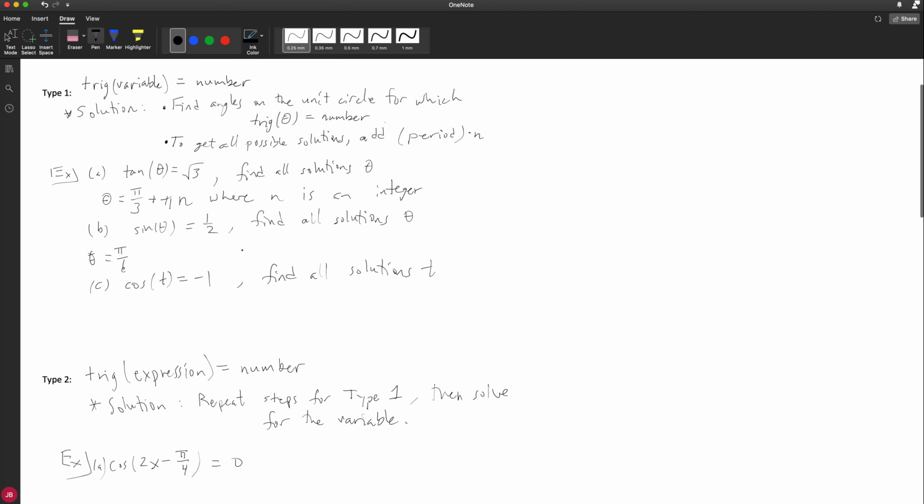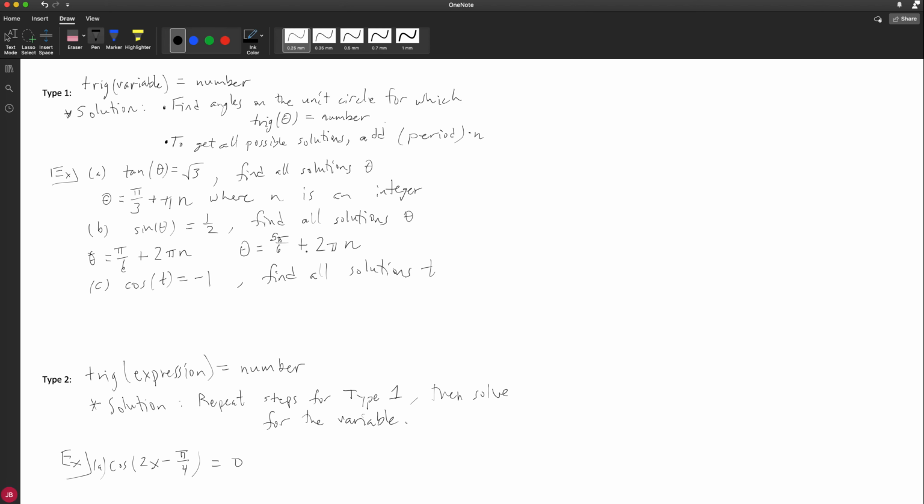And then also theta equals, what's the next one? I think it's 5 pi over 6, right? And now sine repeats its values every 2 pi units, so I just need to add on to here 2 pi, which is the period, times n, and then also here for 5 pi over 6 plus 2 pi n.